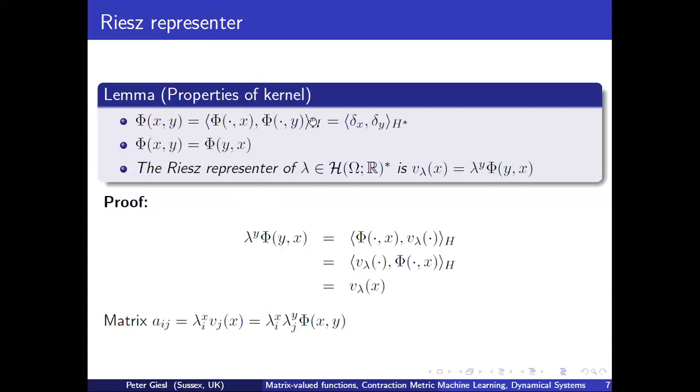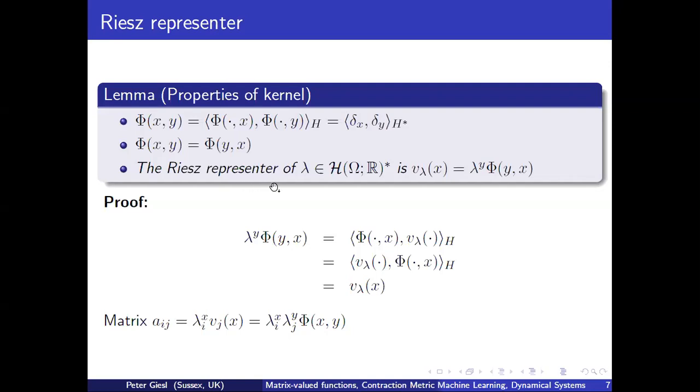Right. So if we have a reproducing kernel Hilbert space, then we have certain properties of the kernel. The kernel can be written in this way. We can also exchange the order of x and y, of both components of the kernel. And the property I'm going to prove here is that we have a nice expression of the Riesz representer.